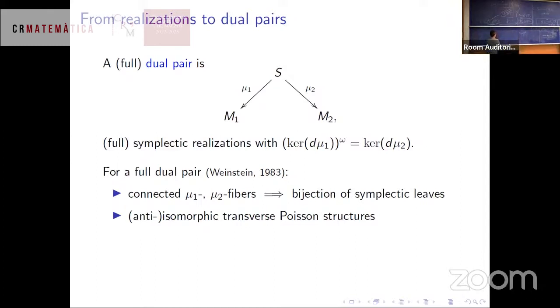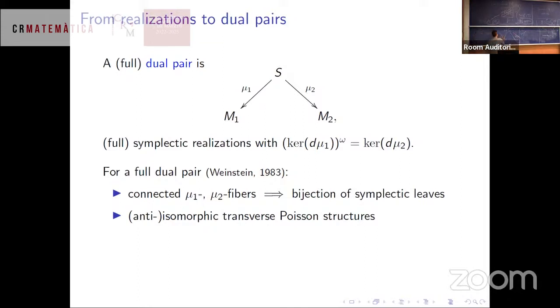Okay, and he also noticed that, if you take points that correspond in a dual pair, so if you take a point in S, here's M1, here's M2, so if you take a point P here, mu1 of P and mu2 of P, then the transverse Poisson structures here are, perhaps up to a sign, isomorphic.